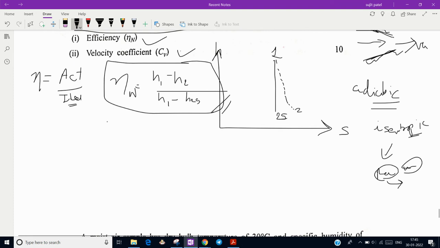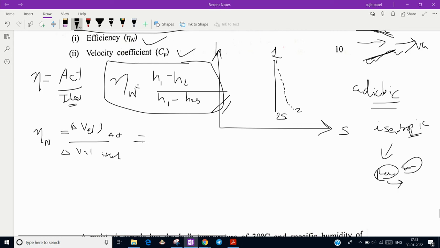But in a nozzle we are not measuring the enthalpy; generally we are measuring the velocity. So nozzle efficiency we can write in terms of the velocity difference, delta velocity actual and delta velocity ideal.